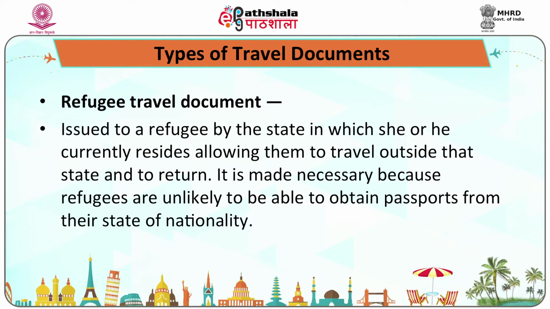Refugee travel document, issued to a refugee by the state in which he or she currently resides, allowing them to travel outside that state and to return. It is made necessary because refugees are unlikely to be able to obtain passports from their state of nationality.